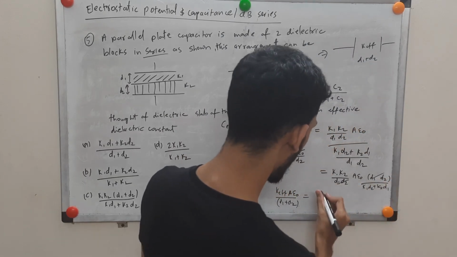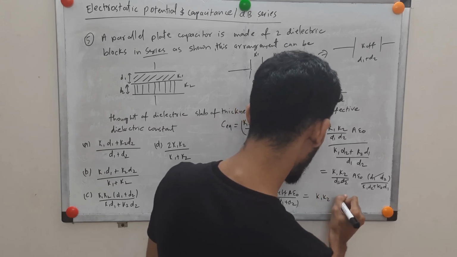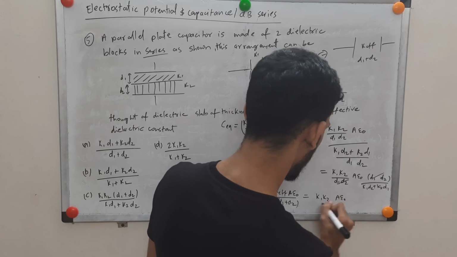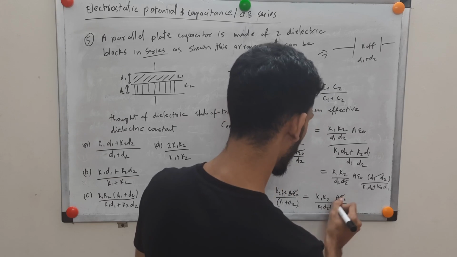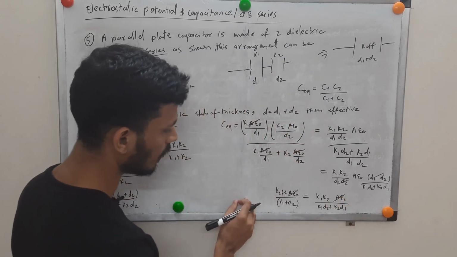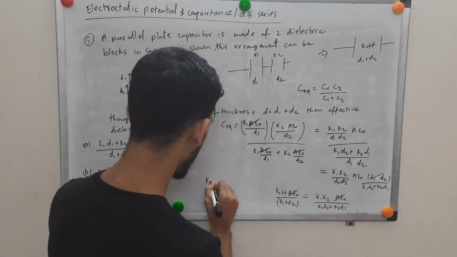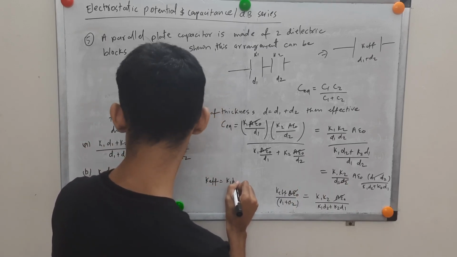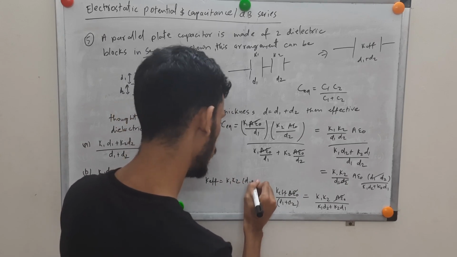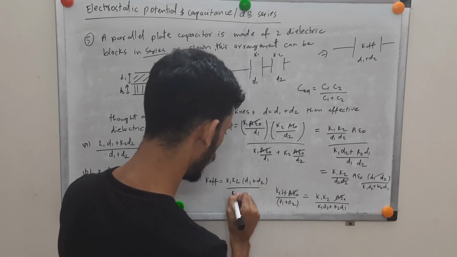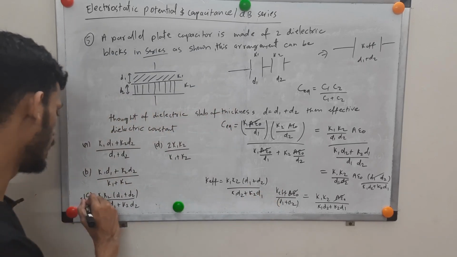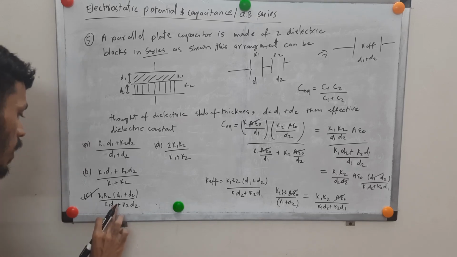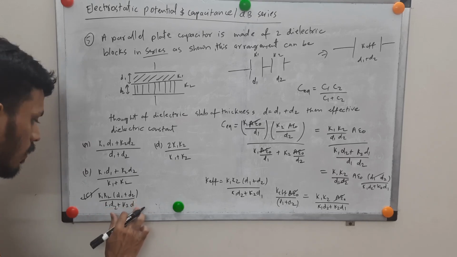So you have K1 K2 A epsilon naught by K1 D2 plus K2 D1, and you can cancel A epsilon naught, and you'll have K effective as K1 K2 into D1 plus D2 upon K1 D2 plus K2 D1, which is option C. Yes, this is correct.